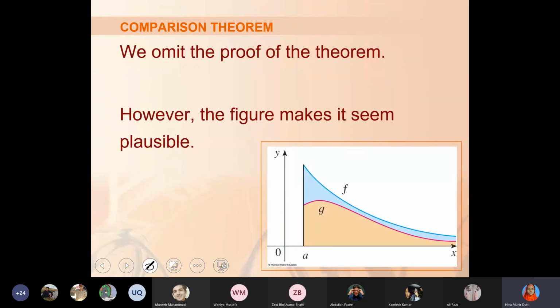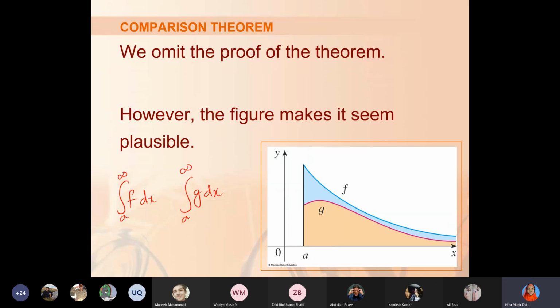Now I have two functions f and g. f is the top function, g is the bottom function. F is the greater function, g is the smaller function. We take the integral of f from a to infinity and the integral of g from a to infinity.